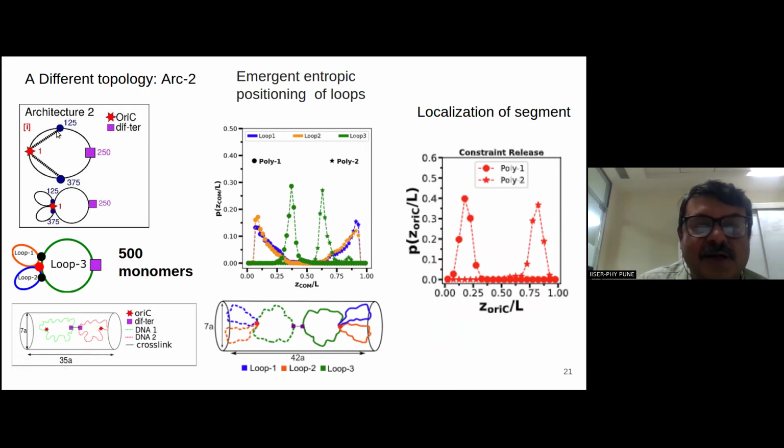Initially the ori is in the middle because there's the mother, but as replication proceeds and more daughter DNA is produced, when half of this has become daughter DNA, you put in the crosslinks, and there will be an increase in entropic repulsion because now you have these small loops. Of course, the mother is still just one loop. This has been replicated, but it is then that the ori will go and sit from the middle position to the two quarter positions.